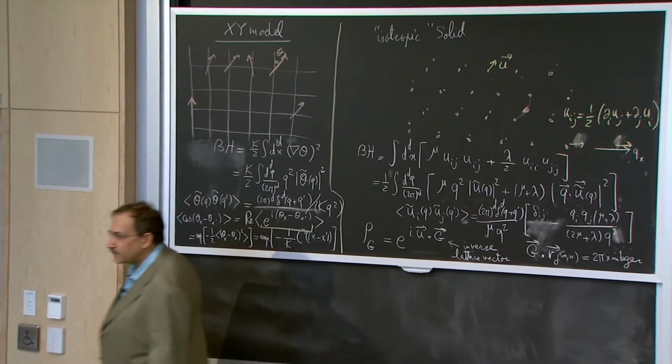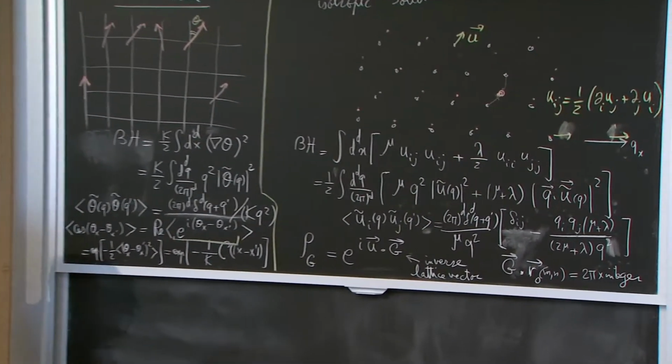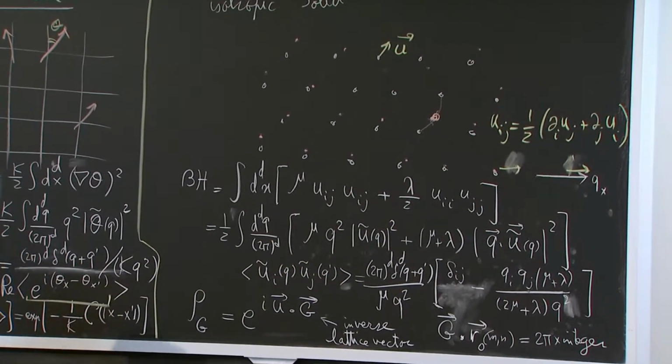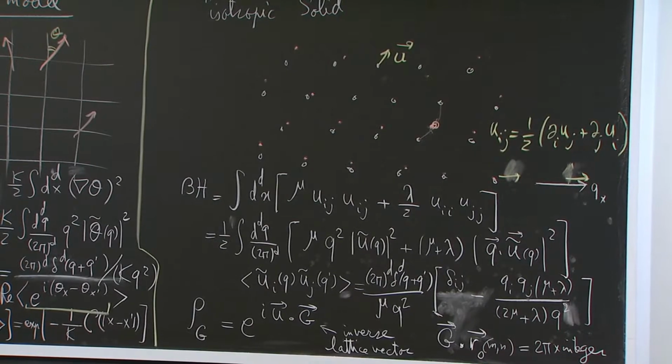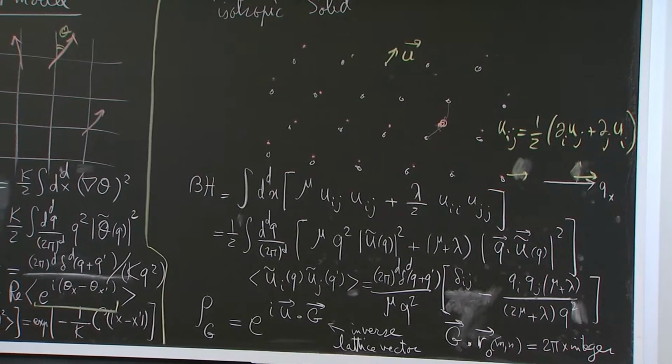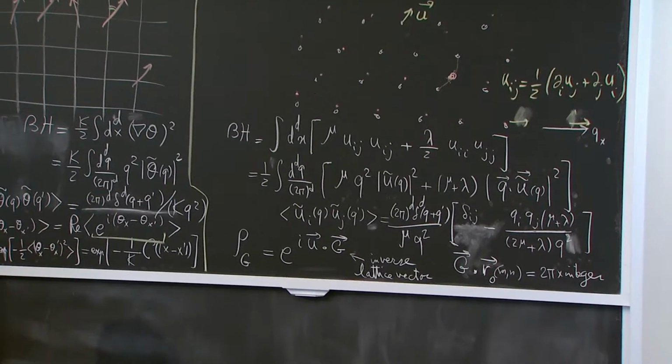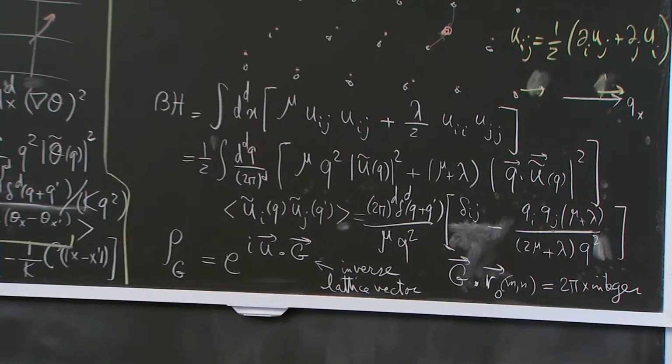So you can see that irrespective of whether I choose u as distortion from one lattice position or any other lattice position that happens to be nearby, this measure is going to give me the same phase.